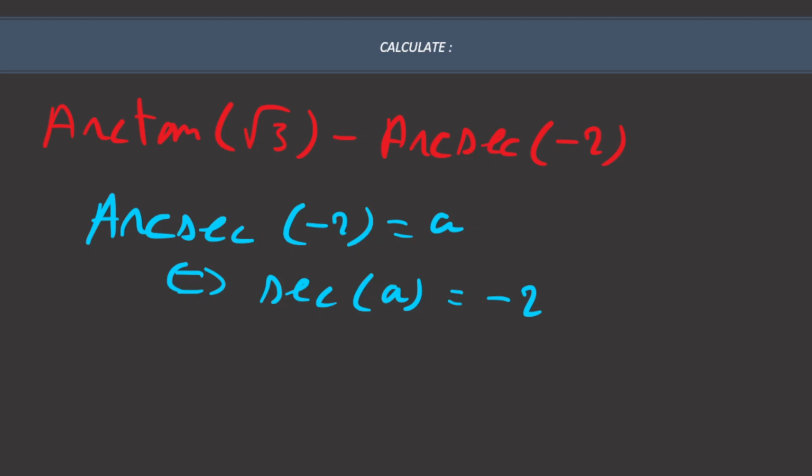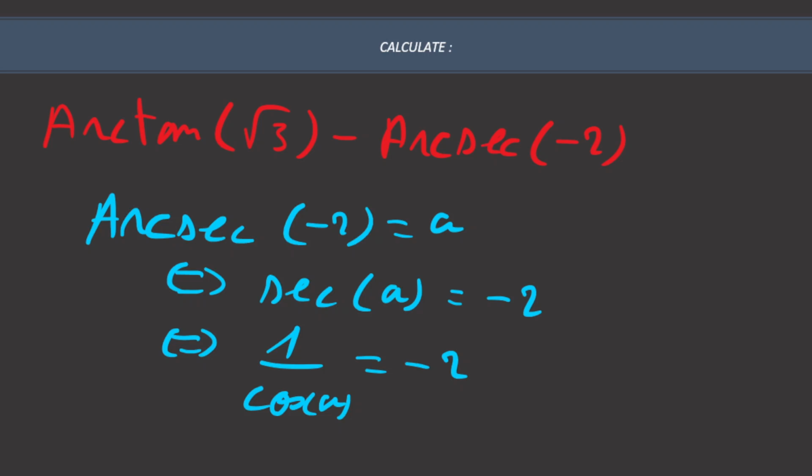And the secant function is 1 over cosine of x. So it is 1 over cosine of a, and we need to respect our writing.